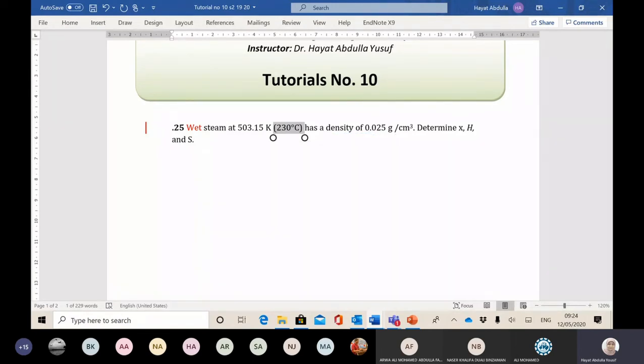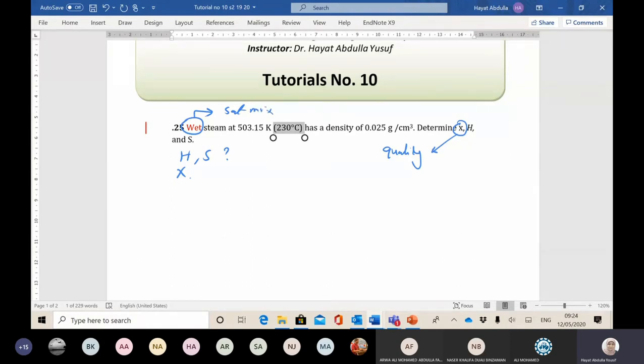Now, they ask for X, and you know that X is the quality. So I need to find hs and I need to find the quality. I know that it is saturated steam, in other words, a saturated mixture.